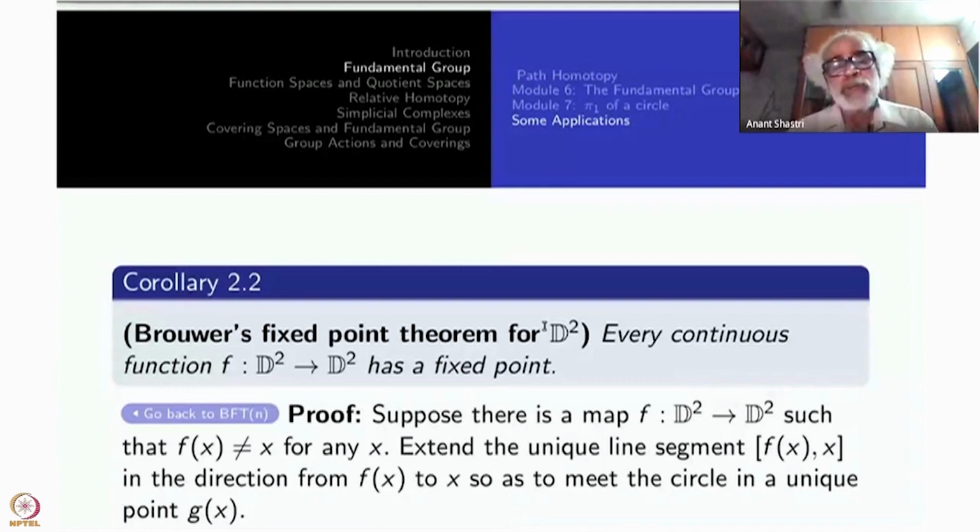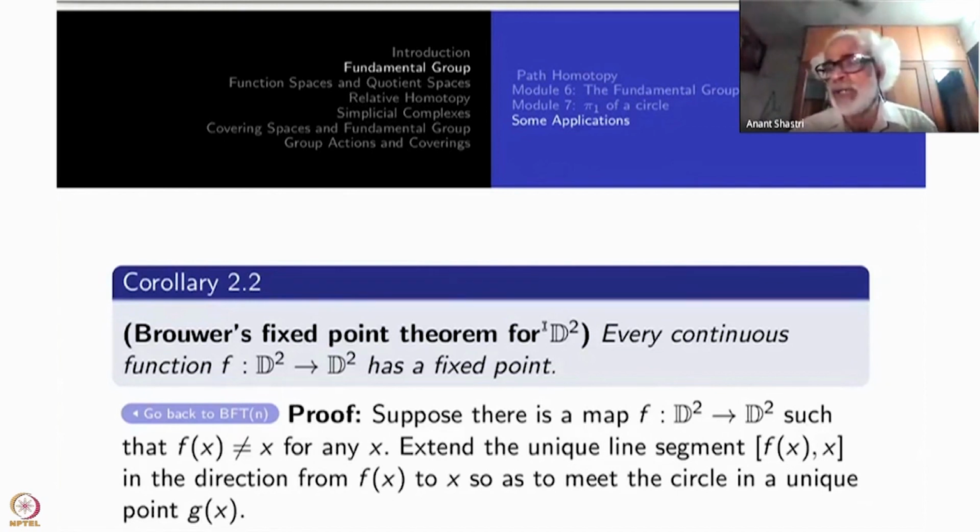Okay. So how do we show that any continuous function from D2 to D2 has a fixed point? Again we go by contradiction: suppose there is a map f such that f(x) is never equal to x for any x. Then x and f(x) are different points of the disk. Any 2 points inside R2 determine a unique line, so look at that unique line.